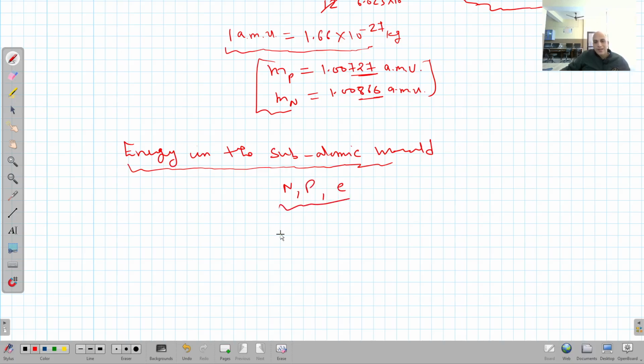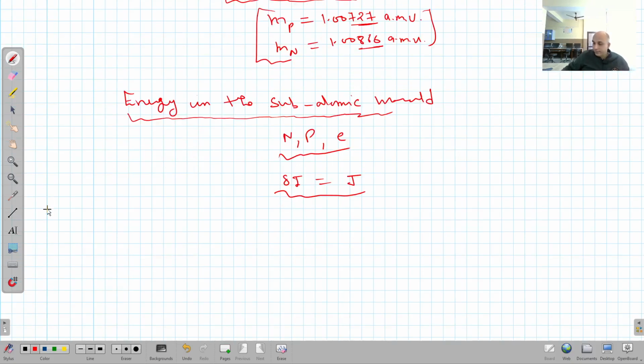We know very well that the SI unit for energy is joule, but again it is a very big unit. We can't use this unit, because the energy associated with the subatomic particles is very, very small, as these particles are very, very small. So for that we have to develop or invent a new type of unit, and that unit is known as the electron volt.